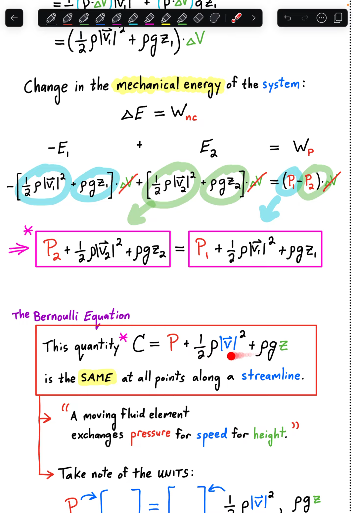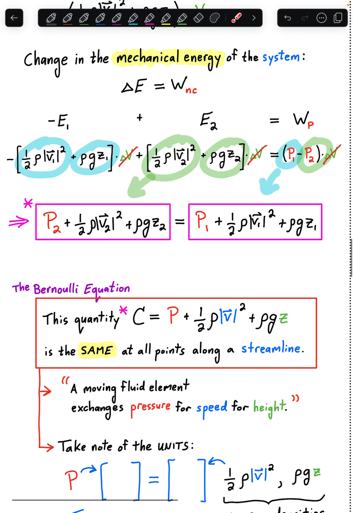The sum of these three terms, which we'll call just some constant C, must be the same at all points along a streamline. And this is what's known as the Bernoulli equation.